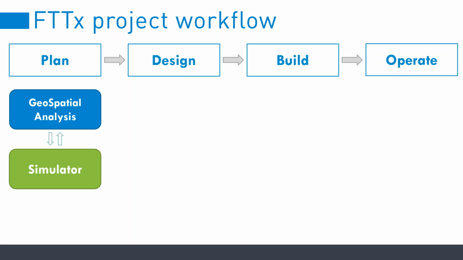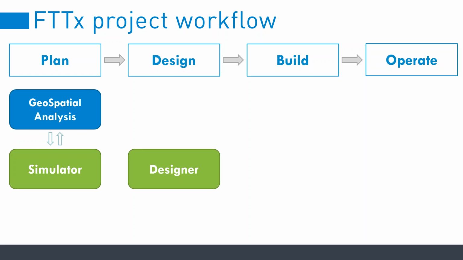Also, you need to know how much it will cost to roll out your network. So really that whole business case building of an FTTx network. And for this, we have an integrated solution where we use the FiberPlanIT simulator together with GE's GeoSpatial Analysis. And later in the presentation, we'll show you how these two can work together.